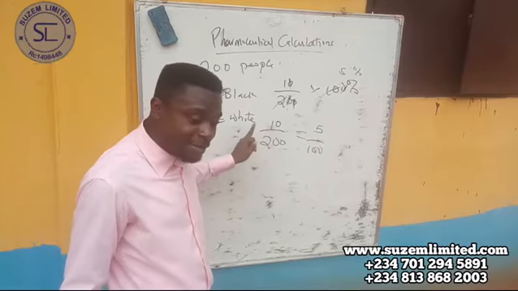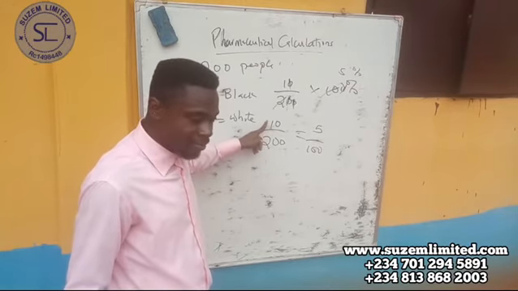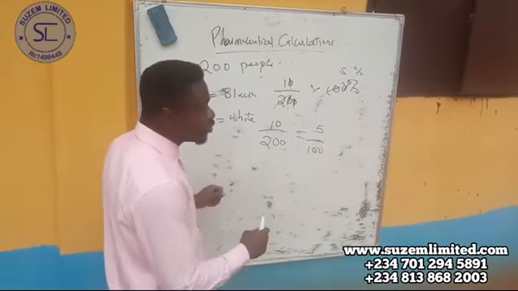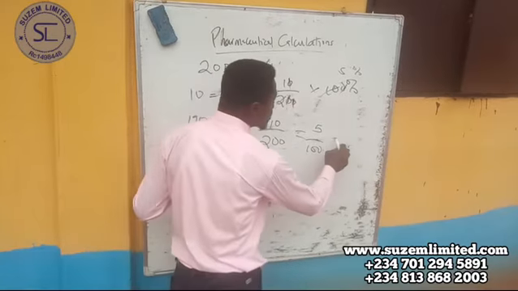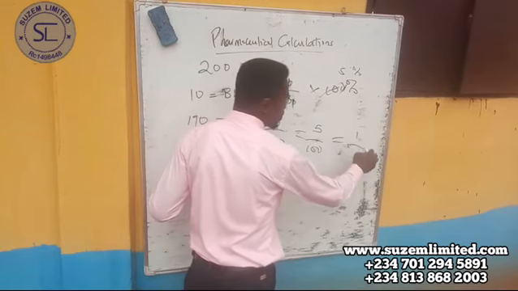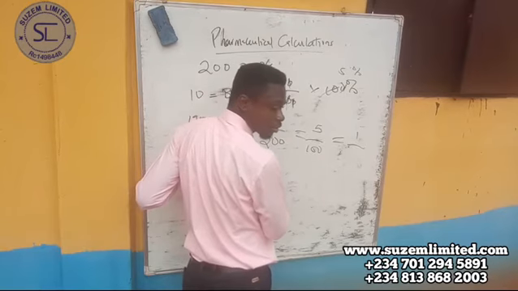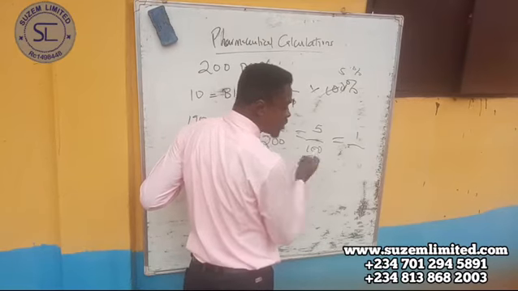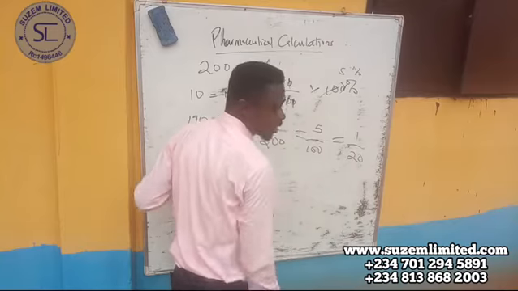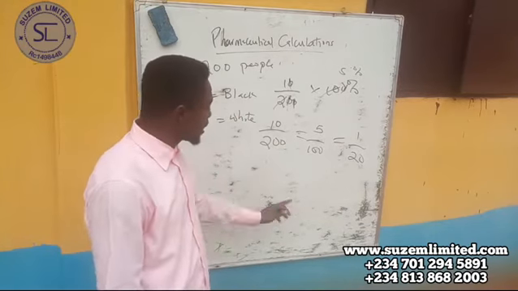But if you divide both by the same number, say 10, then 10 divided by 10 is 1, and 200 divided by 10 is 20.